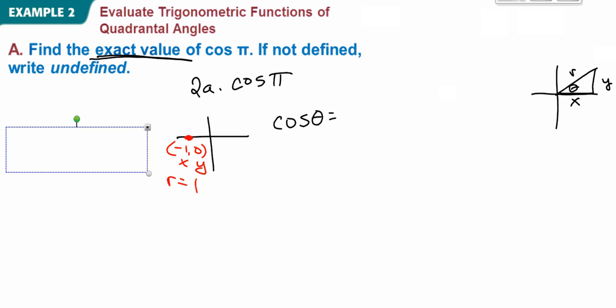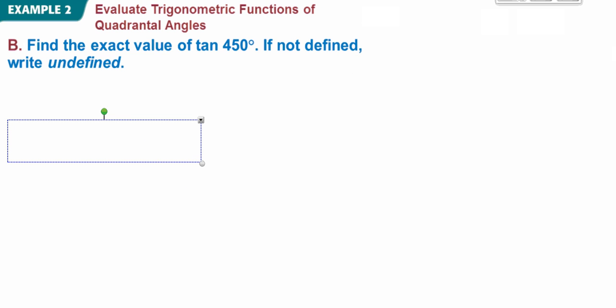Cosine is x over r, so in this case, x is -1, r is 1, -1 over 1, which is -1. So that's the exact value. And notice it's saying, or undefined, because we know our answers on the quadrant are 1, -1, 0, undefined. If you don't know, guess one of those, I would say.